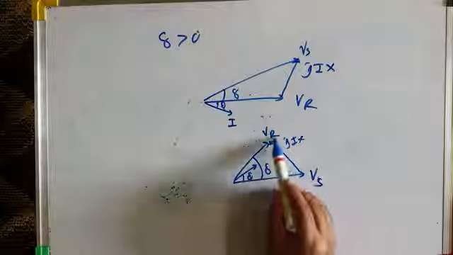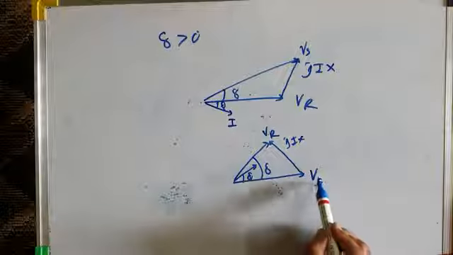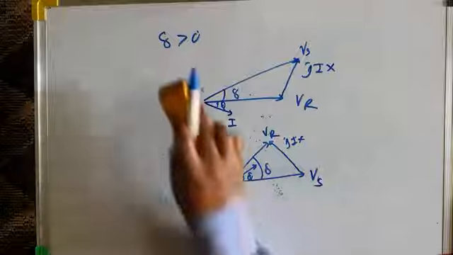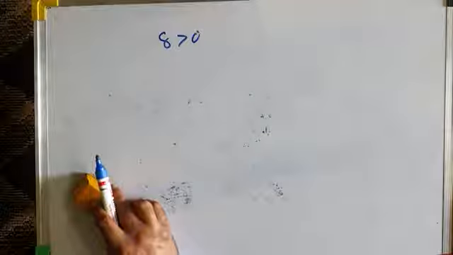Here you can see the receiving end voltage leads the sending end voltage, VR leads VS, and therefore power will flow from receiving end to sending end. So for delta greater than 0 degree, power will flow from sending end to receiving end, and for delta less than 0 degree, power will flow from receiving end to sending end.